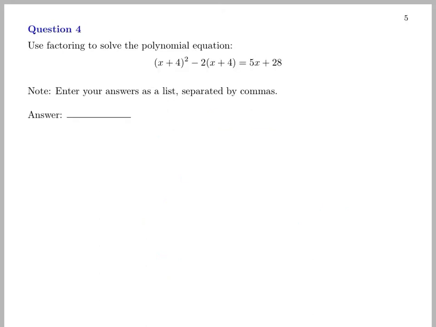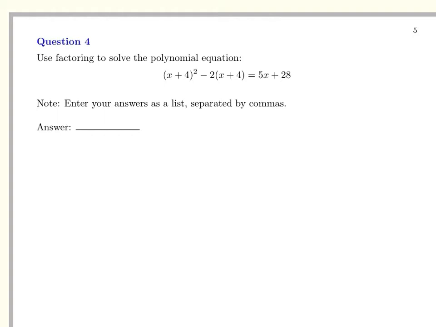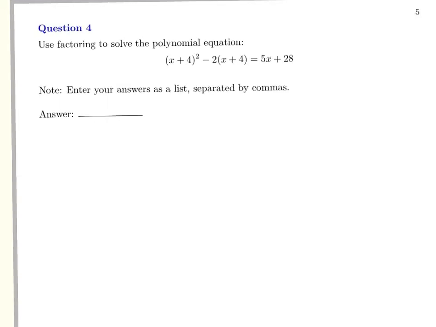All right, in this question, we're supposed to use factoring to solve. But I first have to put everything on one side of the equation and set it equal to 0. So I'm going to write x plus 4 squared minus 2 times x plus 4 minus 5x plus 28 equals 0.